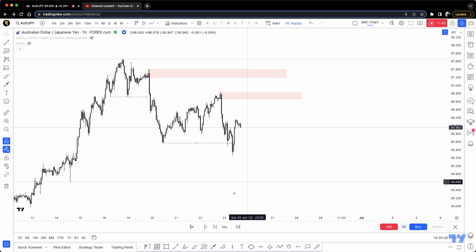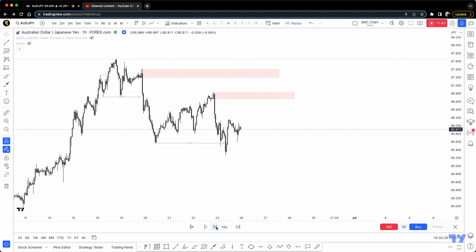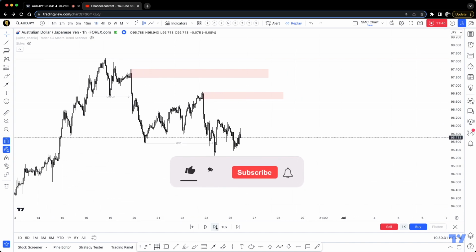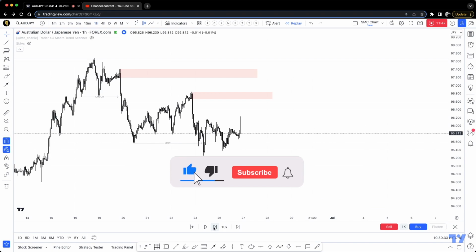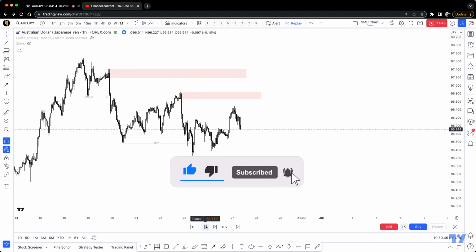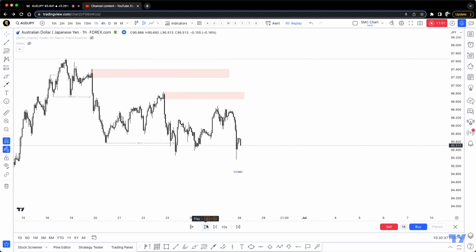Looks like price is building up liquidity. Let's see what the market is going to do from here. All right. Oh, looks like it wants to break. Let's see, what is this? This is so far looking like an inducement, like this one, right?